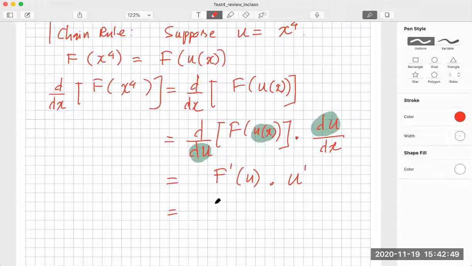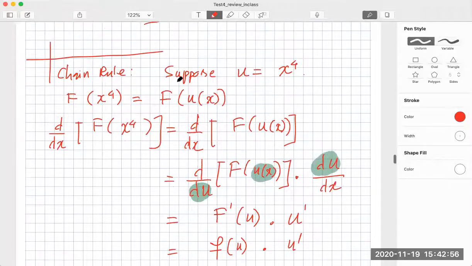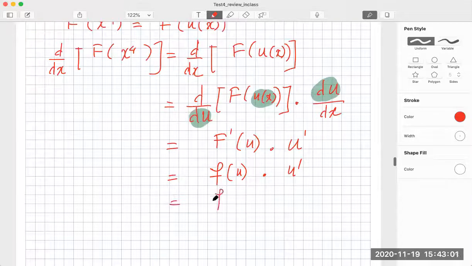Wouldn't it just be f? Yes, it is f of u, times u prime. And now we replace: u is x to the fourth. It means that we need to compute it in the x variable, because the question asks us to compute the derivative with respect to x. Therefore, we just need to use the x variable here.